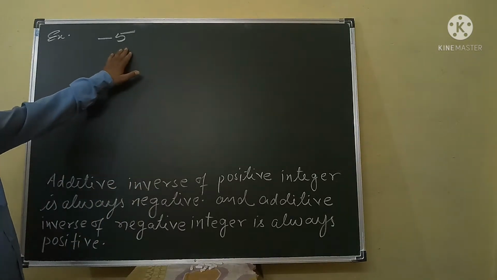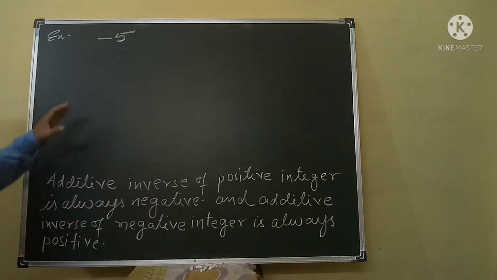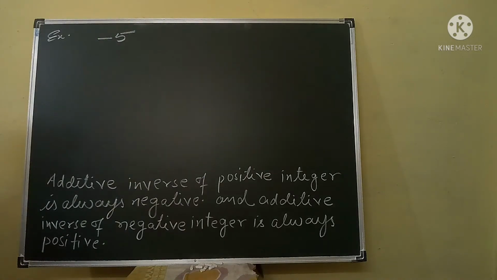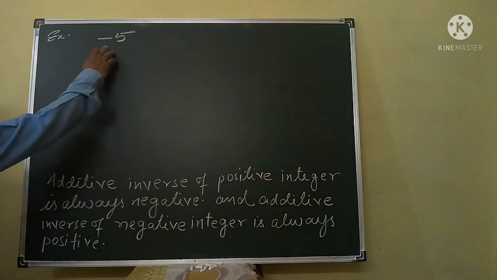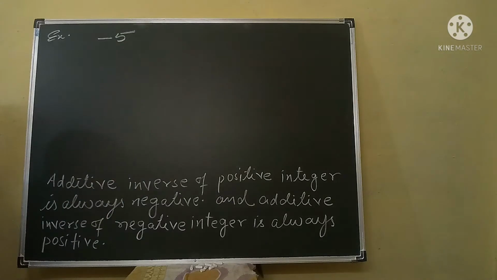This is minus 5. And I have one question. Which number will you add to minus 5 to get 0? You know very well minus 5 is a negative integer.